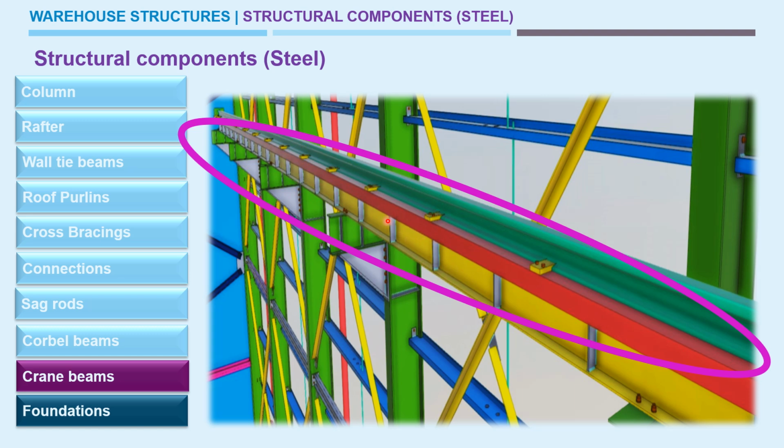This is also applicable where crane provision is required inside the building, and over this you can see the rail beams in cyan color. Generally this crane beam runs throughout the building or is restricted to a certain length inside the building. It depends upon the requirement of the lifting and transportation inside the building. So these are all about the corbel and crane beams.